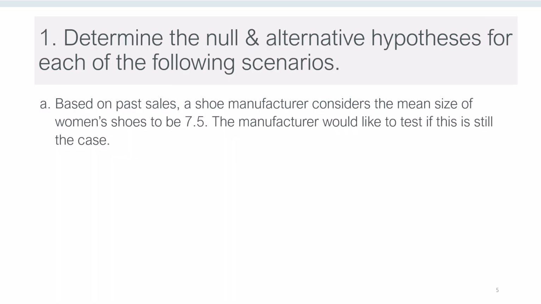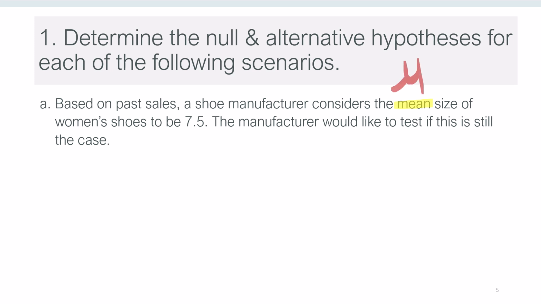All right, so here we are just going to practice setting up some null and alternative hypotheses. It says, based on past sales, a shoe manufacturer considers the mean size of women's shoes to be 7.5. The manufacturer would like to test if this is still the case. Seeing the word mean, I know that this is involving the population mean, which the symbol for that is mu.